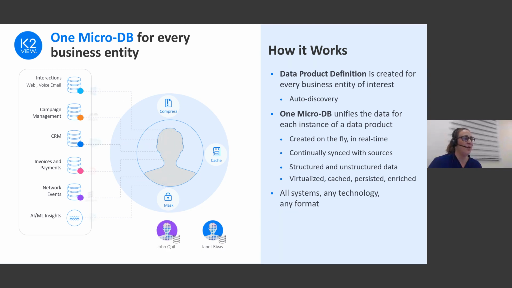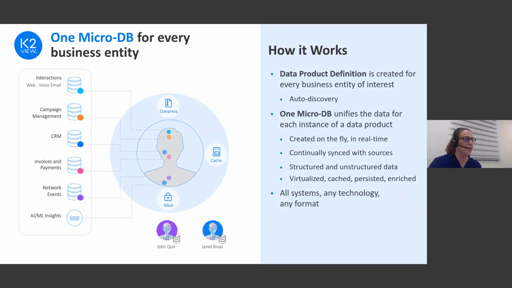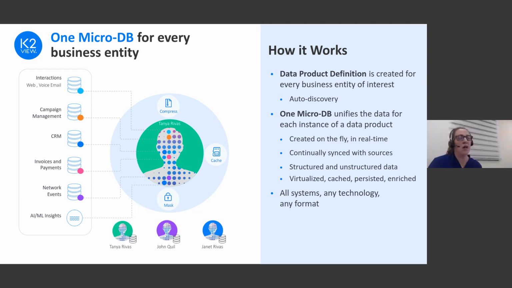Then we have another customer, John Quill, and the third one is Tanya Rivas. So we have 3 customers in this example, and 3 different micro databases. Each time we invoke an entity, we invoke the compressed micro database, and it's unified data.